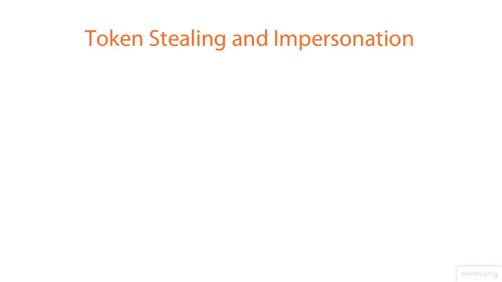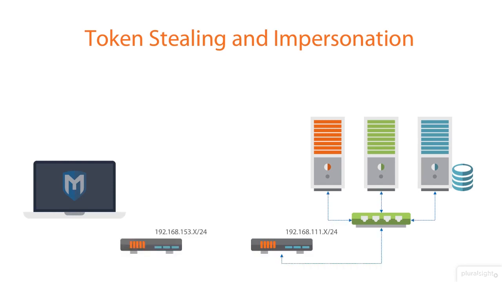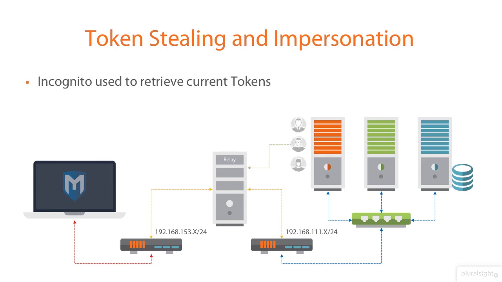Finally, once we have this access all the way through, then really it comes down to token stealing and impersonation. Let's go back through the same scenario again. So we have our machine connected through the relay. Once we have a connection and we can go all the way through, then we can use Metasploit to load a module called incognito that will look at the machine that we wish to get to and list the current tokens.